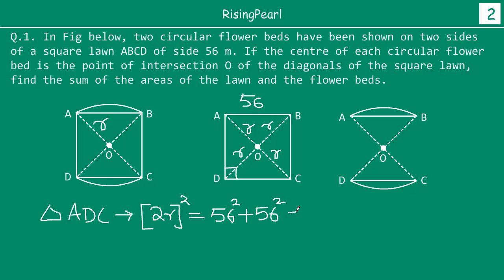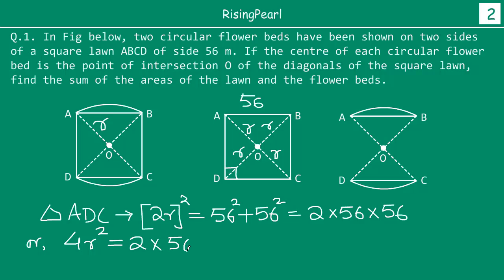This means it will be 2 times 56 times 56. So 2r squared will be 4r squared. 4r squared is equal to 2 times 56 times 56.